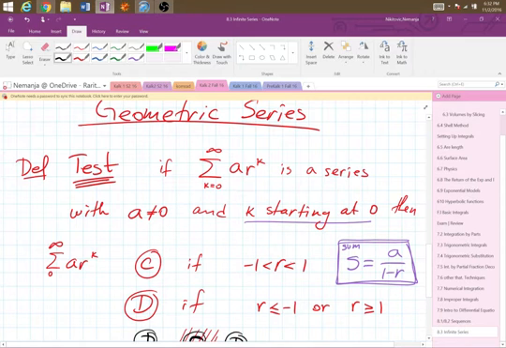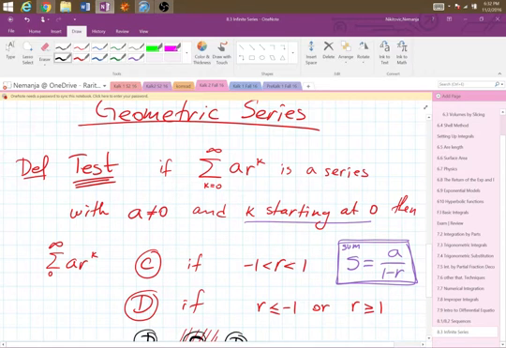So if r is between -1 and 1, we have convergence. If r is bigger than 1 or less or equal to -1, we have divergence. You are memorizing this.